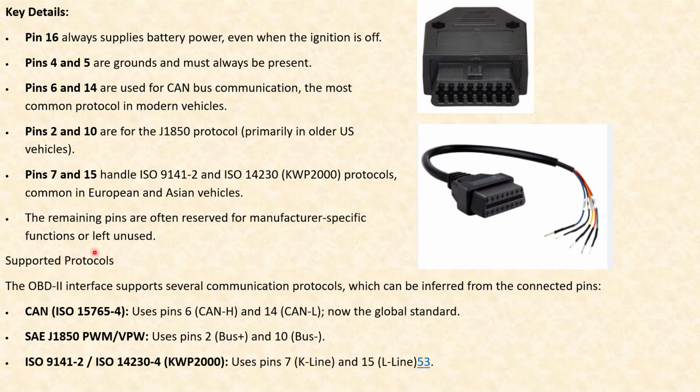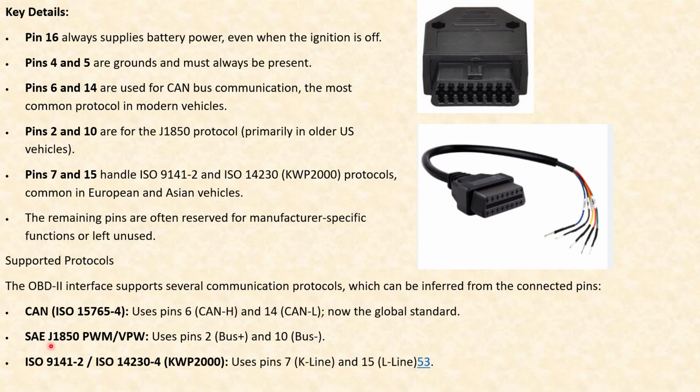Now coming to the supported protocols, the OBD-II interface supports several communication protocols which can be inferred from connected pins. Standards like ISO 15765 CAN use pin 6 for CAN H and pin 14 for CAN L, now a global standard. CAN H means CAN high and CAN L means CAN low.